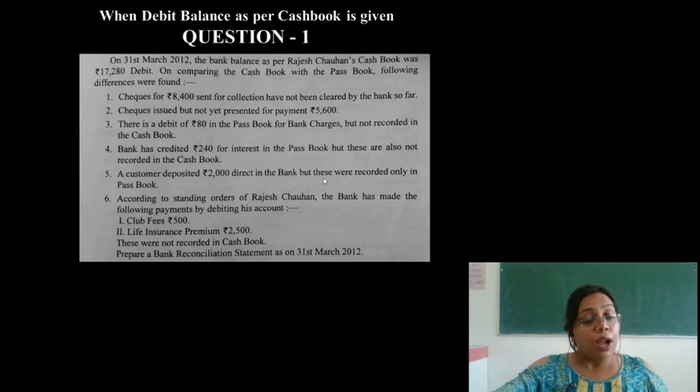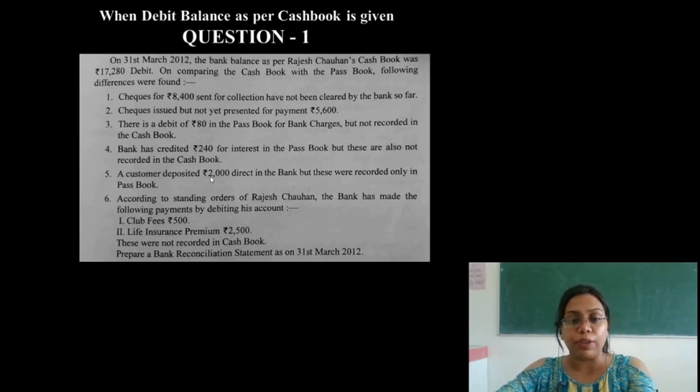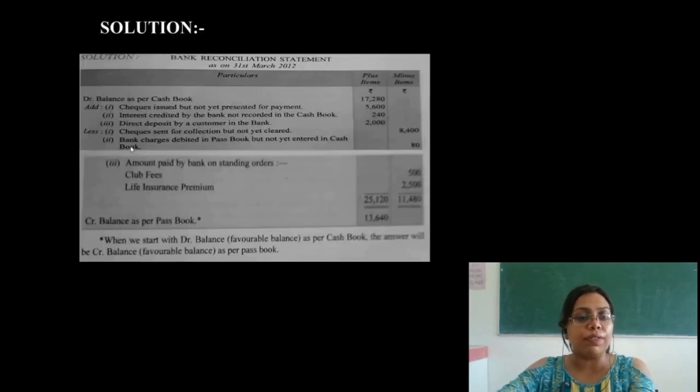The passbook has already increased by 2000 rupees. We will also increase the bank column of my cash book by rupees 2000, and BRS will again increase by 2000. So we will add back this 2000 to the plus items. Direct deposit by a customer in the bank, rupees 2000.